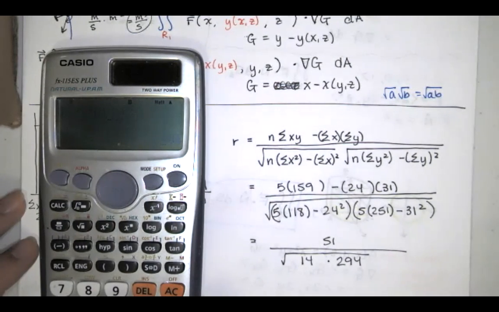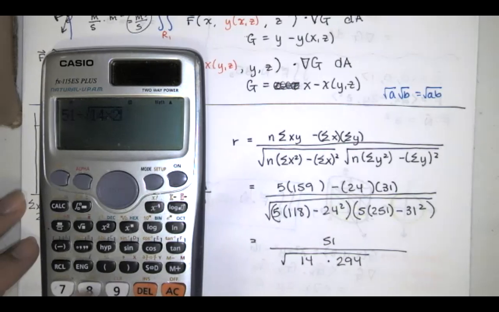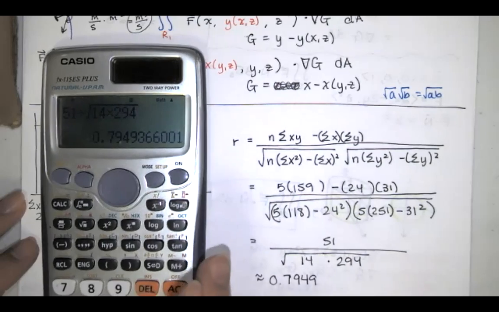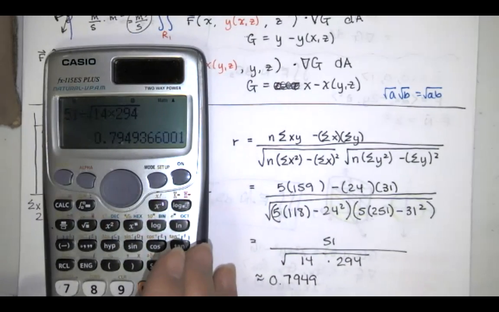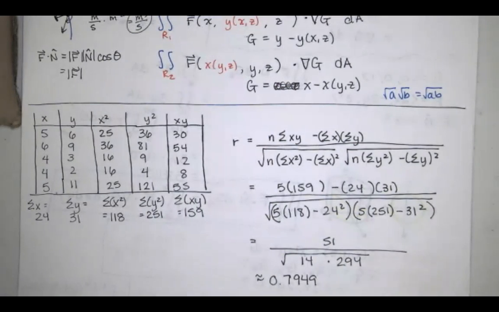So I want 51 divided by the square root of 14 times 294, which is approximately 0.7949, which is the same value that we got using Excel and all of the other types of technology. Okay, so that's one way of doing it, just using that formula.